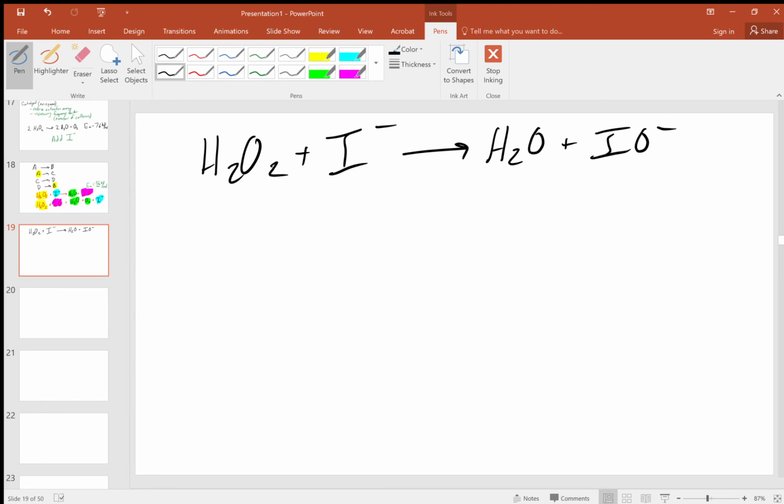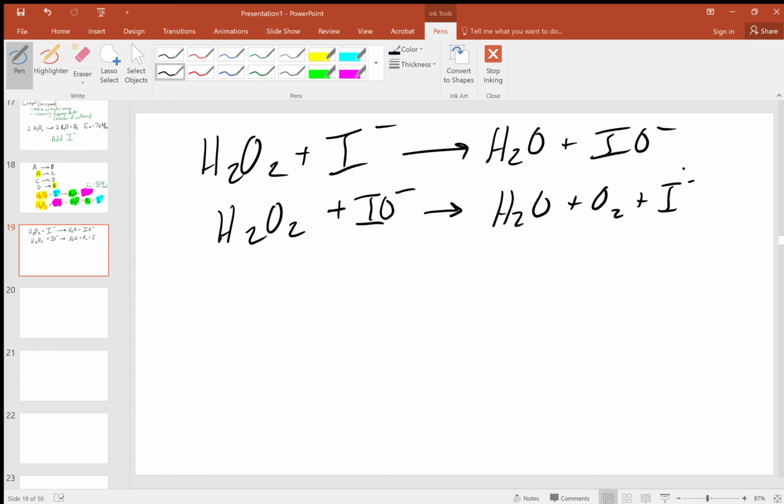So again, we know what the peroxide is. That's our starting material. We know what the water and the oxygen are. Those are our products. But the I-, that's our catalyst.